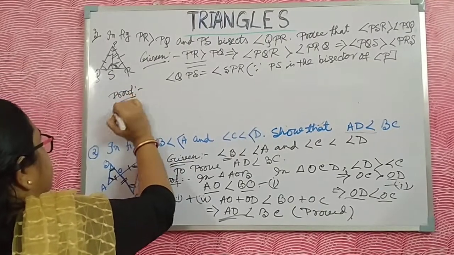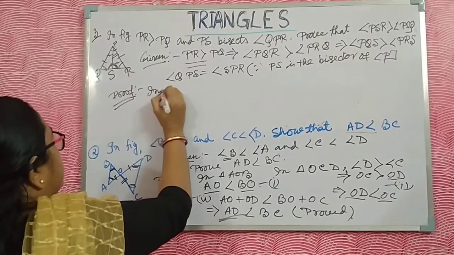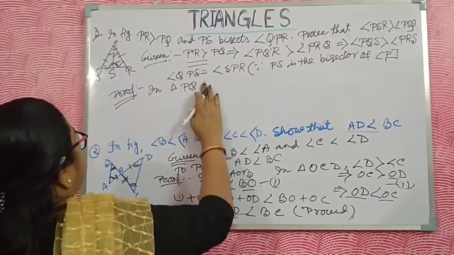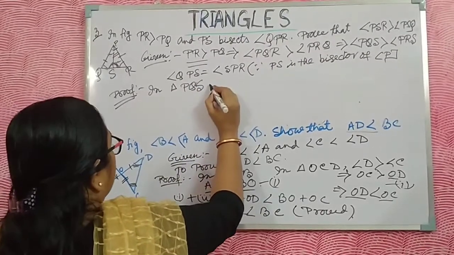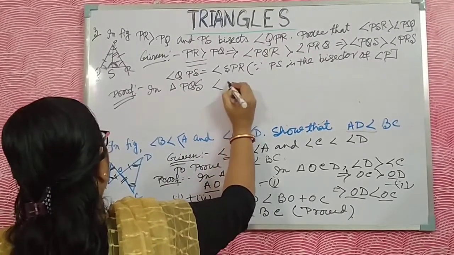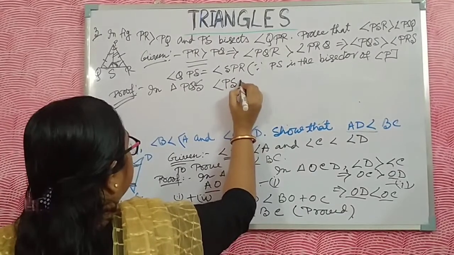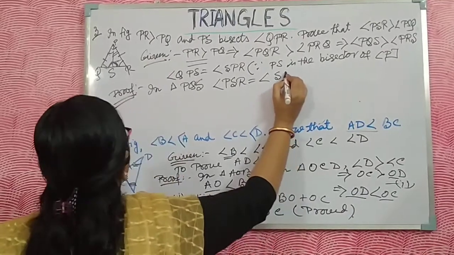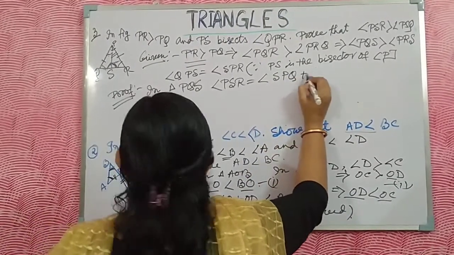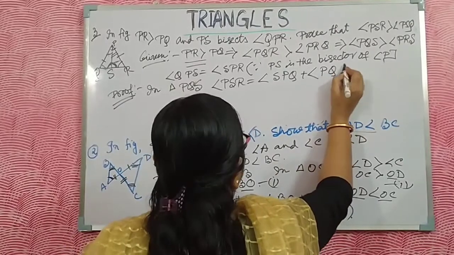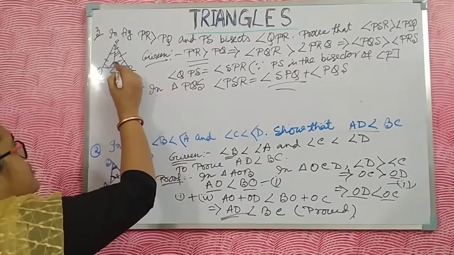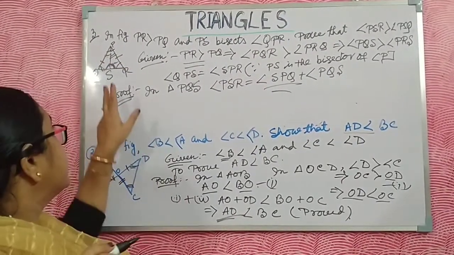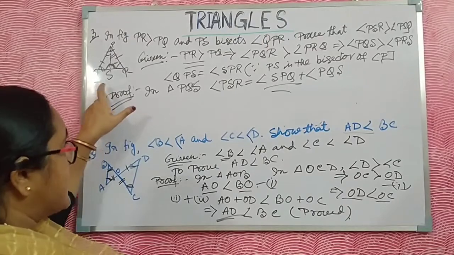The proof is you just take the triangle. In triangle PQS, I can write the exterior angle. All of you know the exterior angle must be equal to the sum of the opposite interior angles. I use this property here, and this property here also. This exterior angle is equal to the opposite interior angles in this triangle PQS.